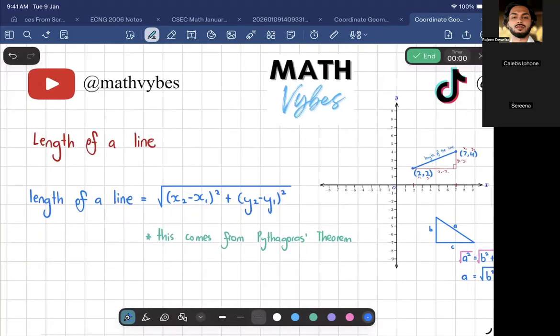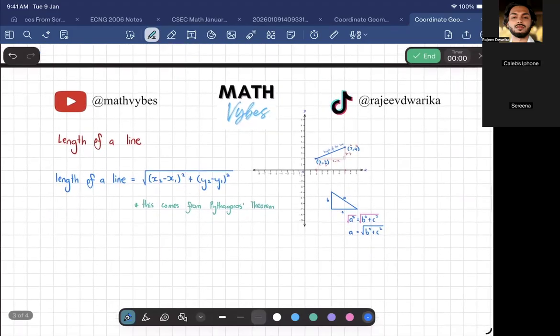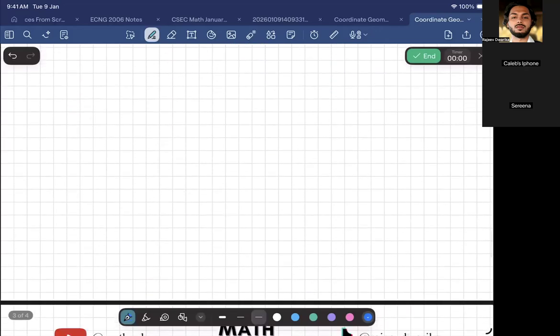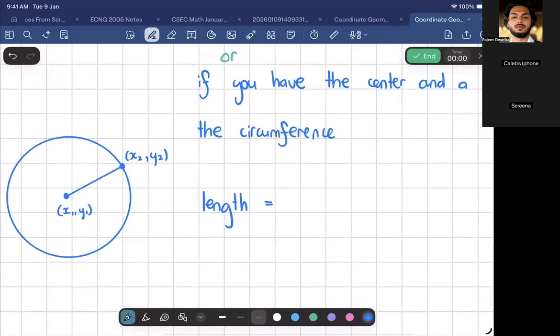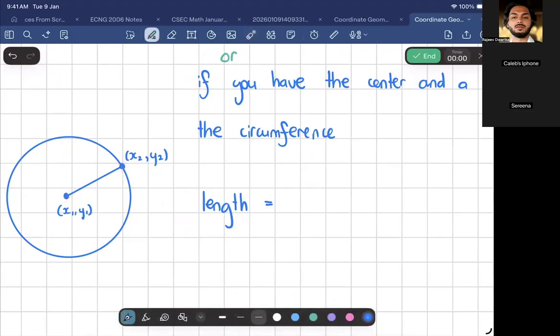The formula I'm talking about: if you have 2 points, you can use the length of line formula. To use our formula, you need to have 2 points. So if you have a point at the center and a point at the circumference, you can just use the length formula and you'll get the radius.